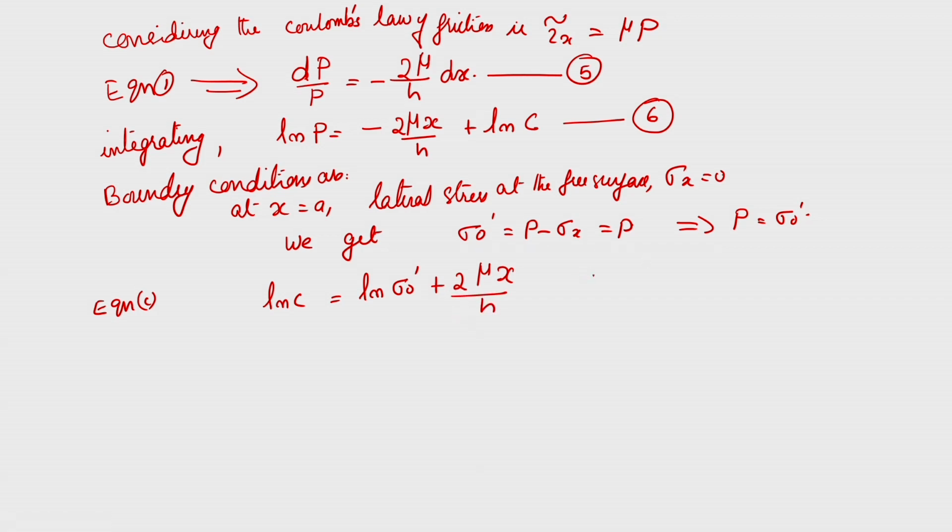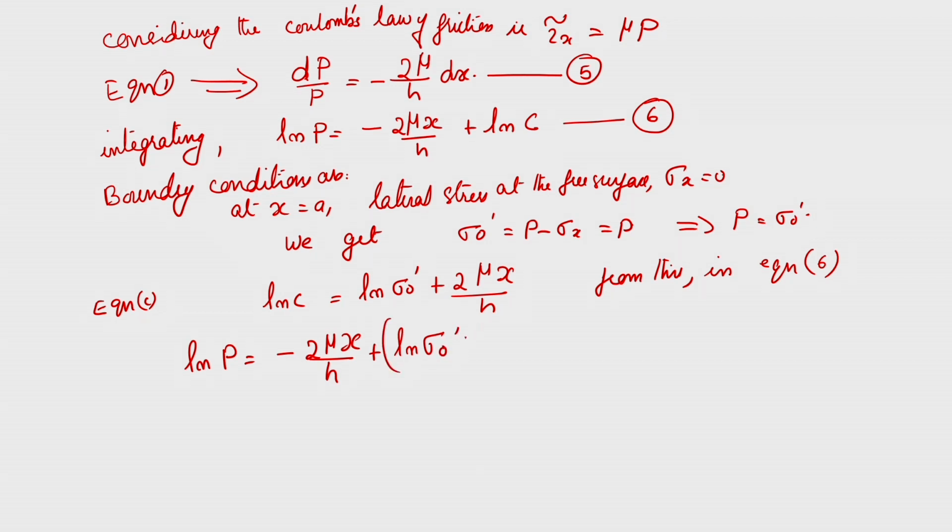In equation number 6, if you substitute the value of log C, log P is equal to minus 2 mu x by h plus log C, that is log sigma 0 dash plus 2 mu a by h.